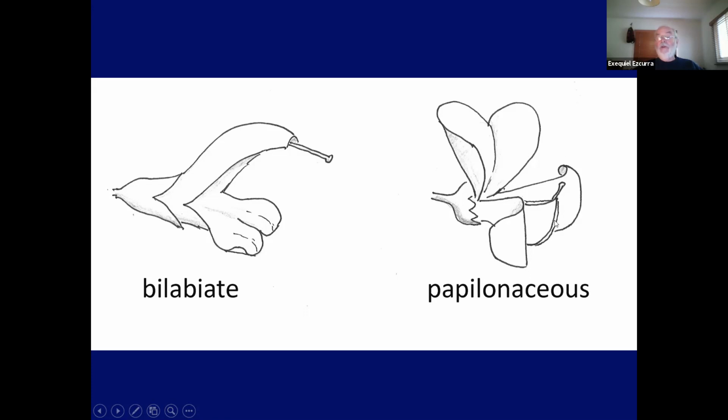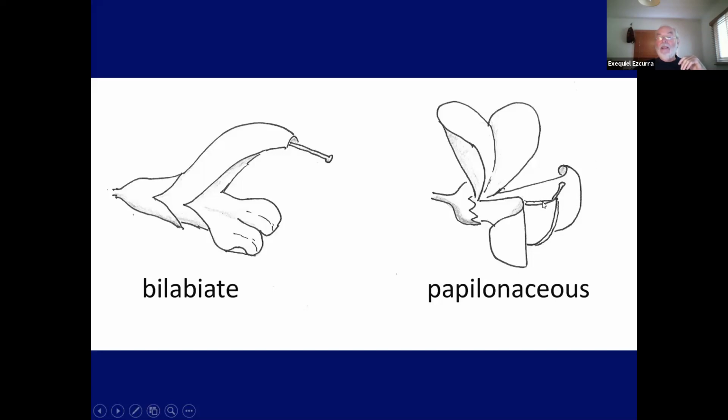They have 2 fused petals in the center that form a structure known as a keel. So these are the keel petals, and it has 2 outer petals that basically act as the director of landing to the insect. They're showing to the insect the direction of landing.